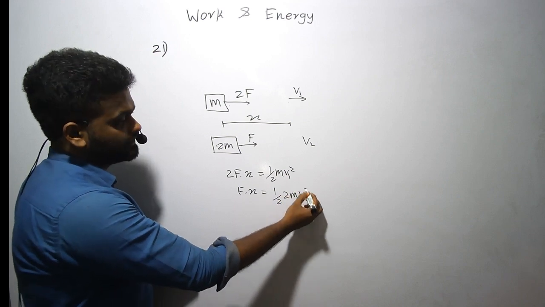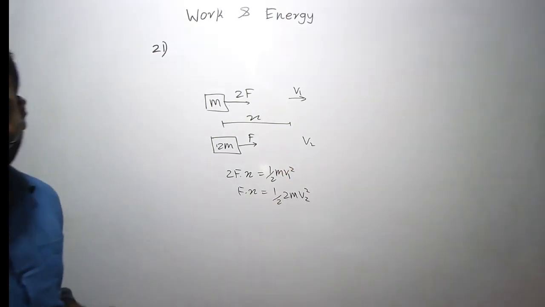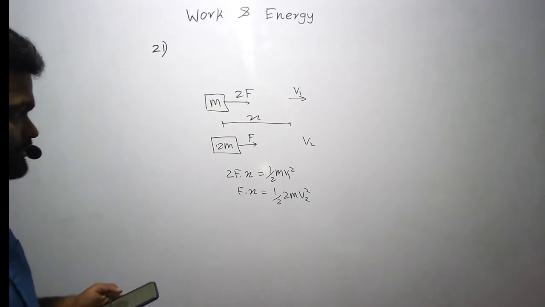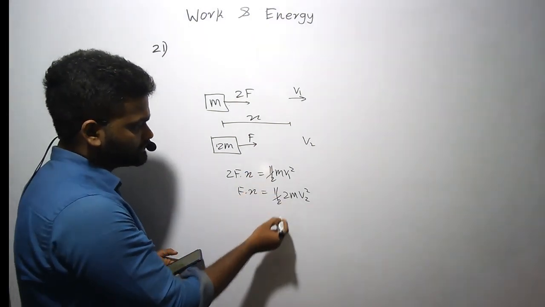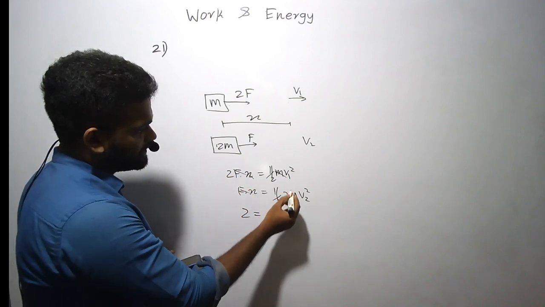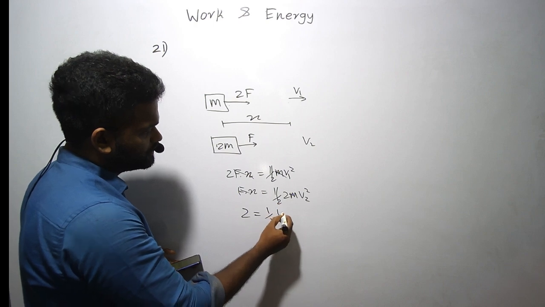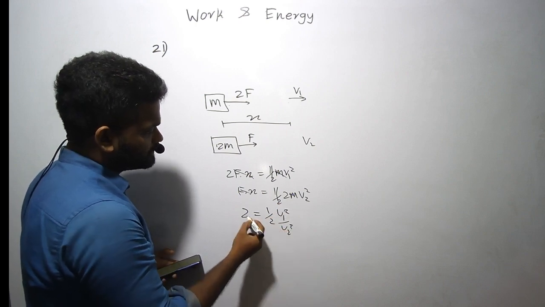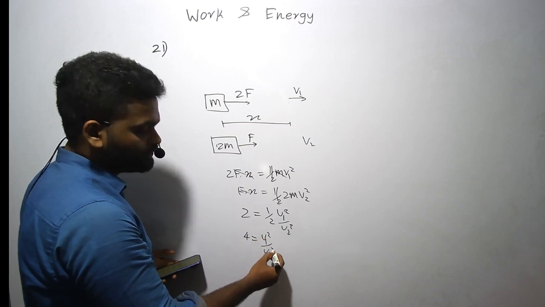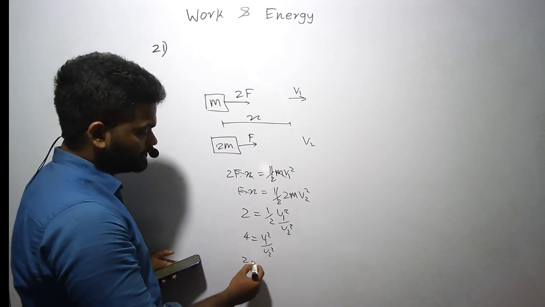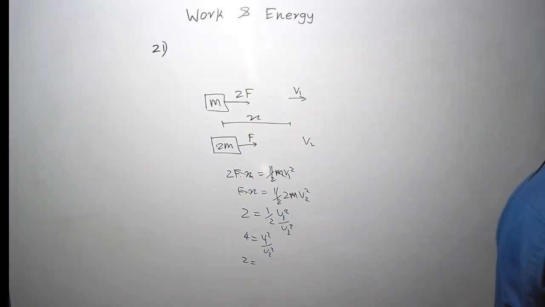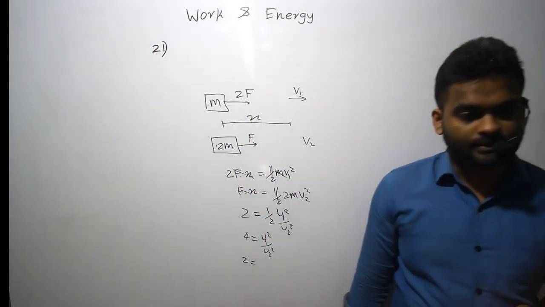Then you just have to find the ratio of the velocities. Just divide. Half cancels off, Fx cancels off. 2 equals, m cancels off, 1 over 2, v1 squared over v2 squared. So it goes to the other side: 4 equals v1 squared divided by v2 squared. Take the root of that. It becomes 2. So the answer is 2 is to 1. Yeah, correct. First one.